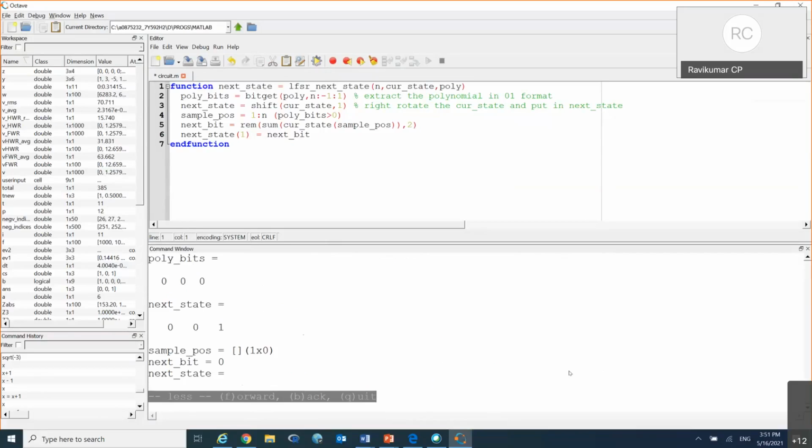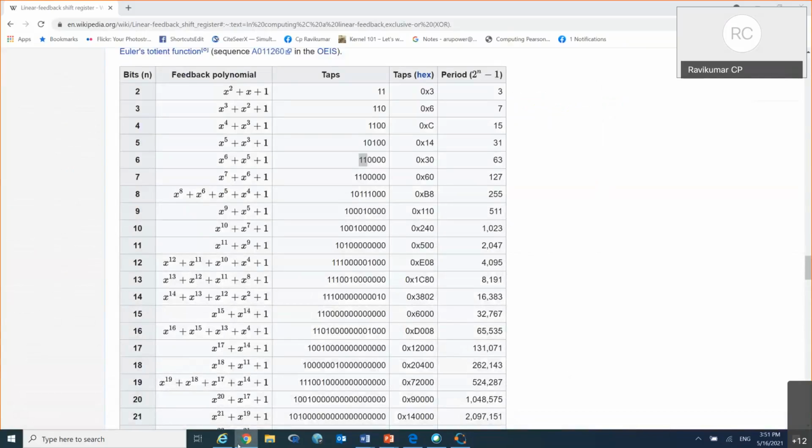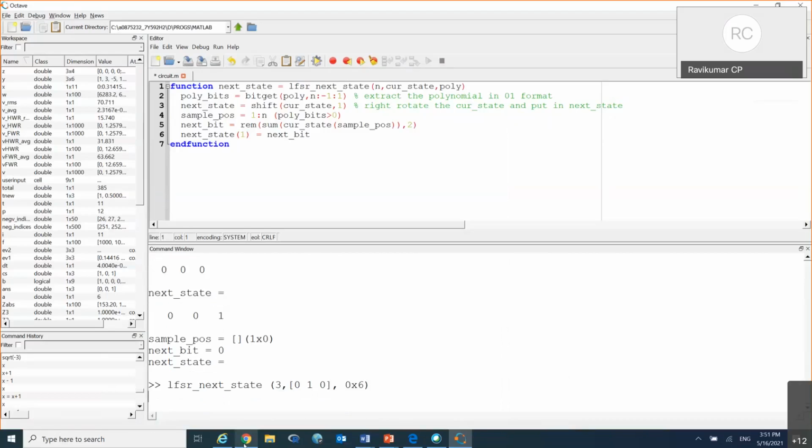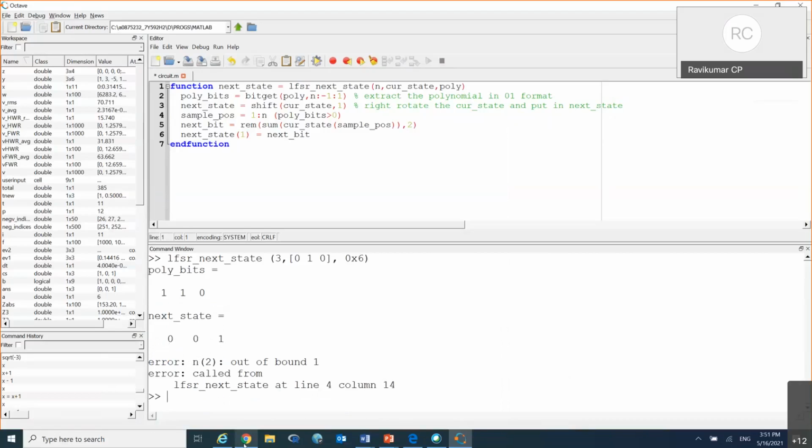Polybits is wrong. Oh, I'm so sorry. This is not 110, right? It should be written as 0x something, right? I'm giving the wrong input. 0x6 is what I should have said. Sorry, sorry. So the polybits are correct, 110. Next state is 001.